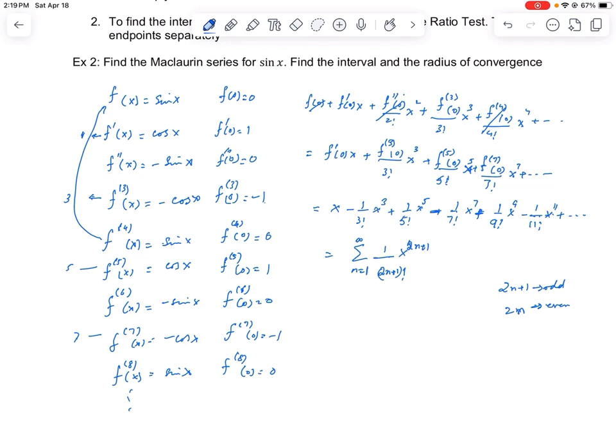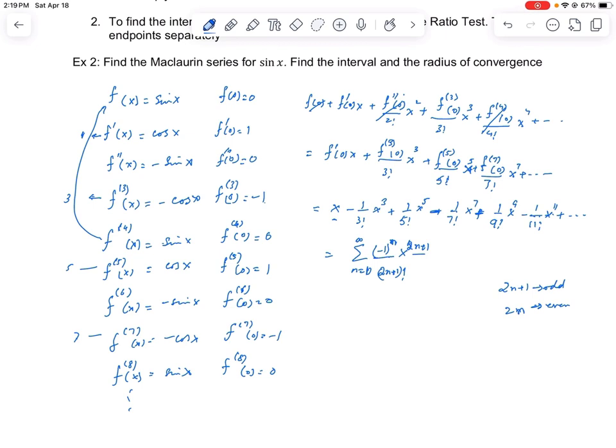By the way, there is an alternating negative sign, so there will be a negative 1 to the power what? Now here we can have n, we don't have to have the 2n plus 1. But again now, let's see. Maybe I think we need to have it from 0. The reason is because when you have n equal to 0, the first term will be positive, and you'll have the x to the 1, which is the first term here.